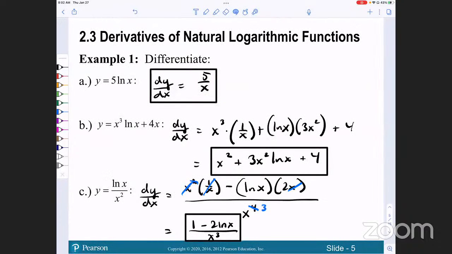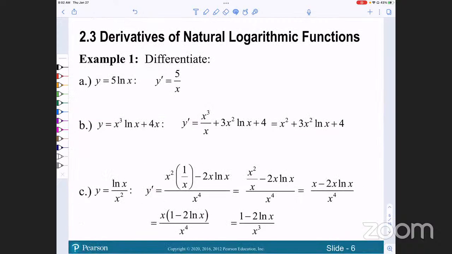And then we've got 1 minus 2 natural log of x over x cubed. Okay, all right.